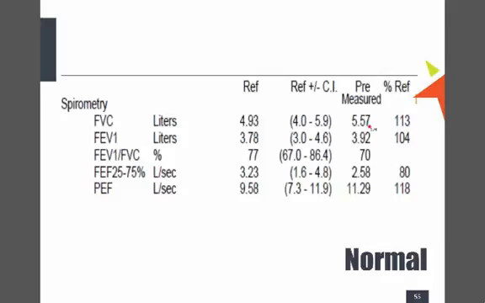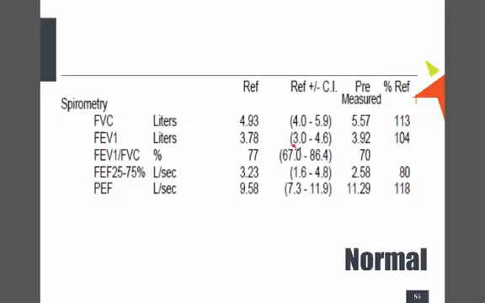It looks pretty good for a start. But how do I know that? I go to the reference range, which is between 4 and 5.9. What is average is 4.9. What the person blew out is measured against what's average. They're 113%. It's well above what's predicted. Anything above 80 is pretty much normal, but you can see what values are there.